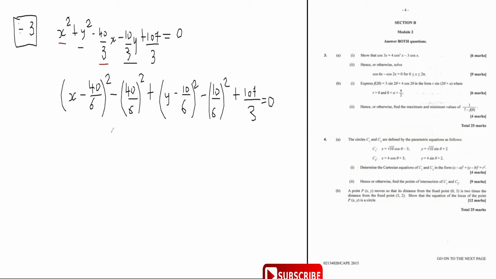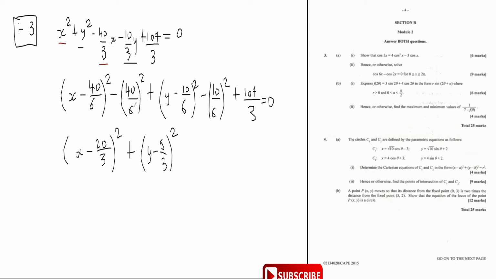Now I'm going to put it in the standard form of a circle. x minus 40 over 6 is really 20 over 3, so x minus 20 over 3 squared, plus y minus 10 over 6, which divided by 2 is y minus 5 over 3 squared.